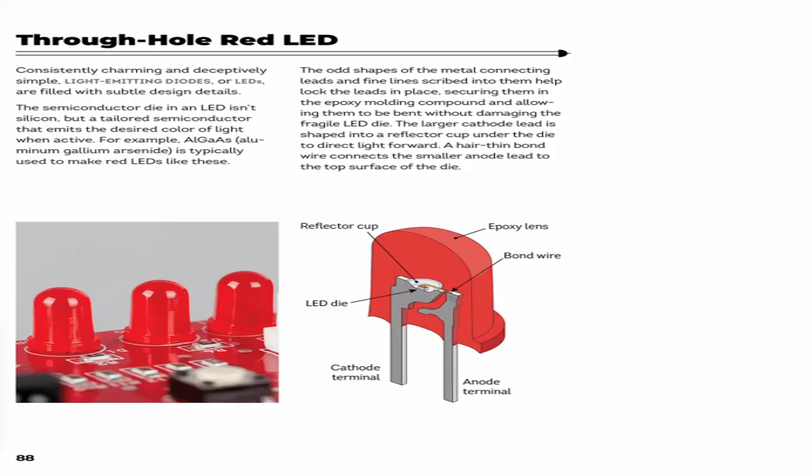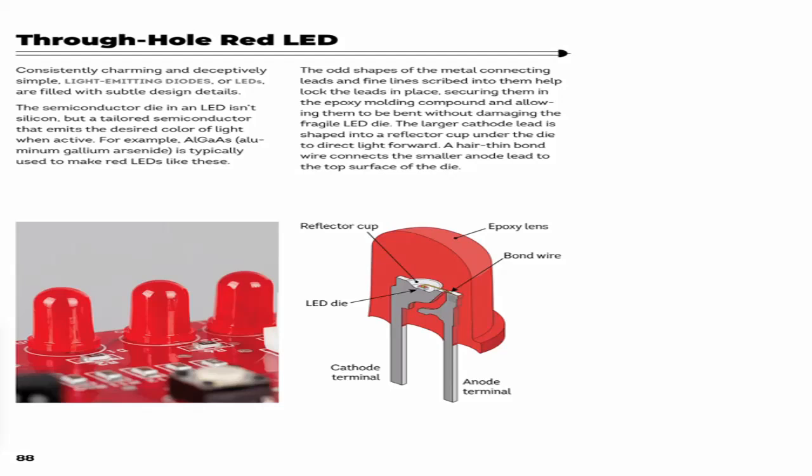A through-hole red LED, light-emitting diode, is a type of electronic component that emits a red light when an electric current passes through it, mounted on a printed circuit board using through-hole technology.